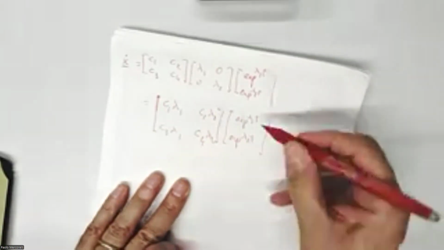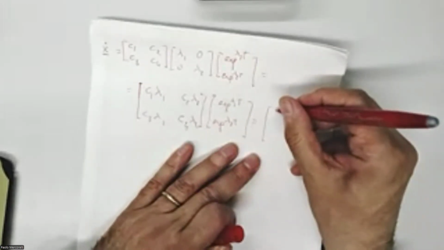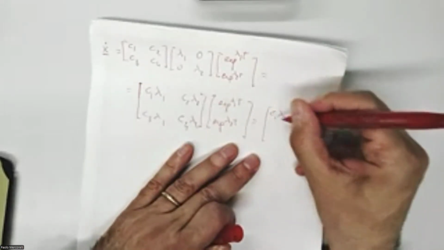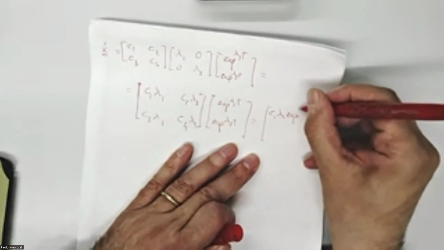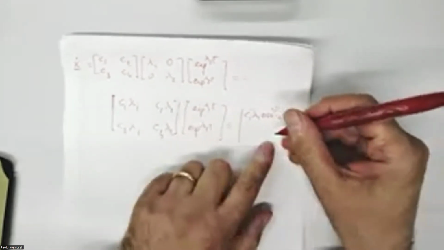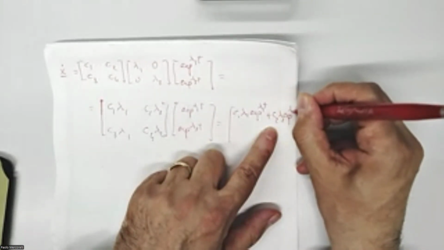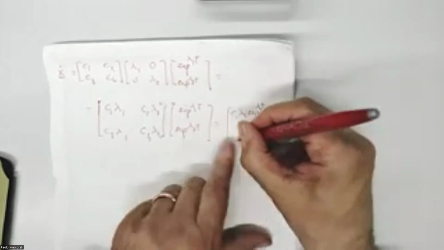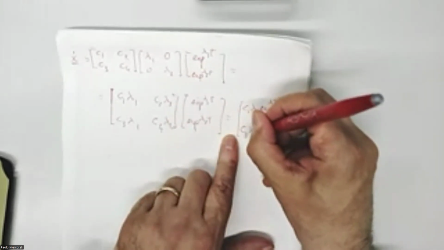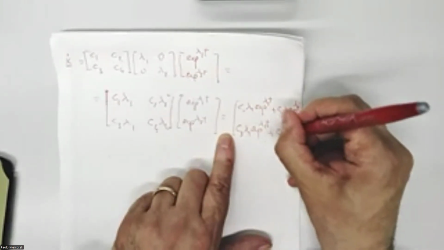Row multiply column. And here, now, let me complete, but it's not a problem not to understand this.